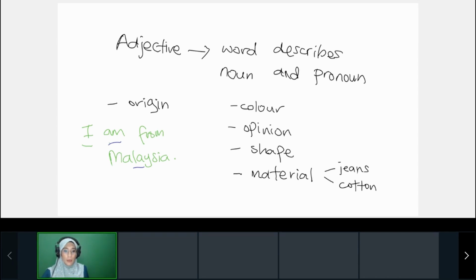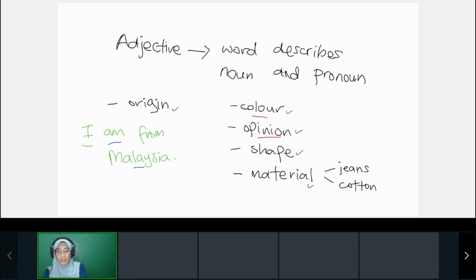So here I have a few for you. You can describe using origin, color, opinion, shape, material. You can use all of this. But a lot of us love this opinion. We also love using color, especially for the ladies. If a guy says pink, maybe to a lady it's not pink.